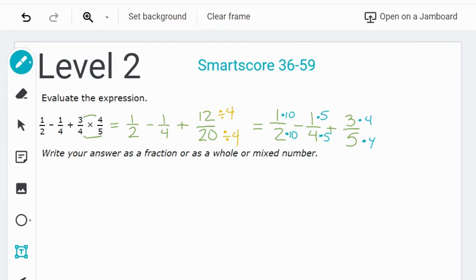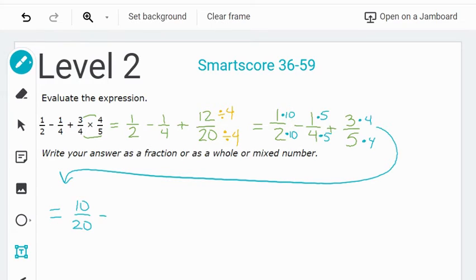Okay, so here, I'm going to continue this over here. So now that's going to be 10 over 20 minus 5 over 20 plus 12 over 20, which I guess we didn't have to reduce because we just made that back to a denominator of 20.